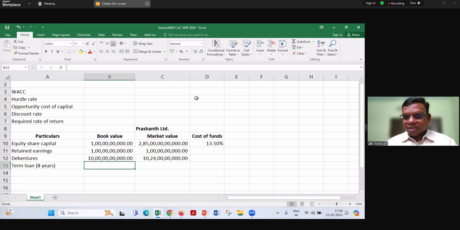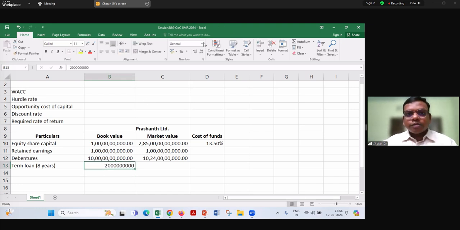That is the reason it is called a term loan. Why is it called term? Because it is given for a certain period, a particular number of years. It is given for some term, and it should be repayable at the end of 8 years. Let us assume that the company has taken some 200 crores term loan.